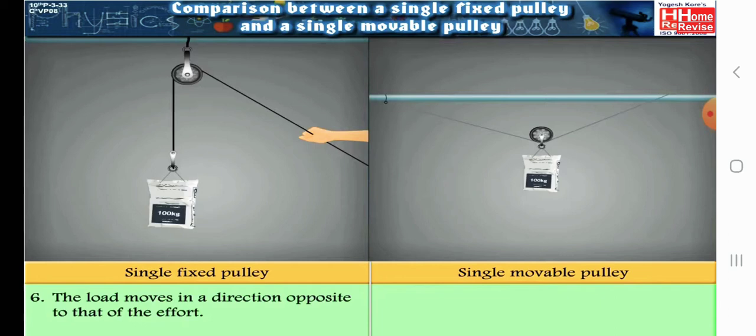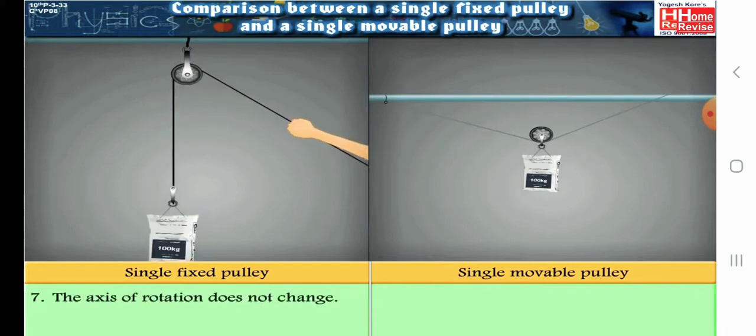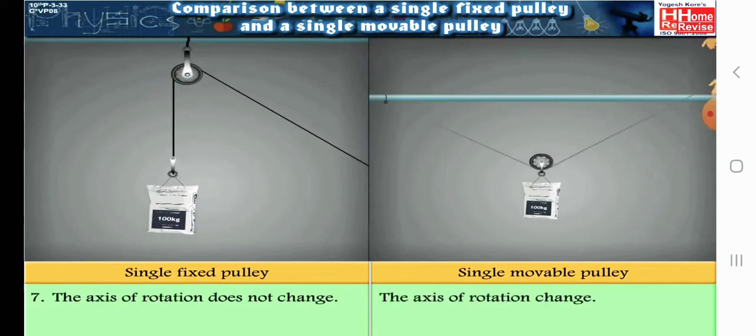In a single fixed pulley, the load moves in a direction opposite to that of the effort, while in a single movable pulley, the load moves in the direction of the effort. 7. In a single fixed pulley, the axis of rotation does not change, while in a single movable pulley, the axis of rotation changes.